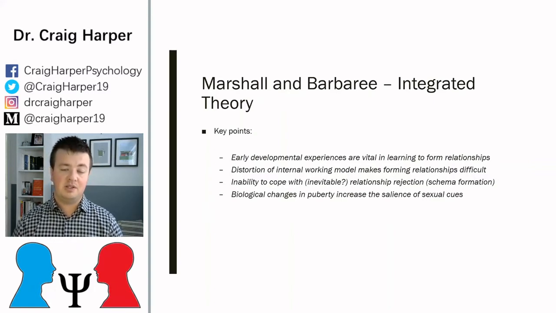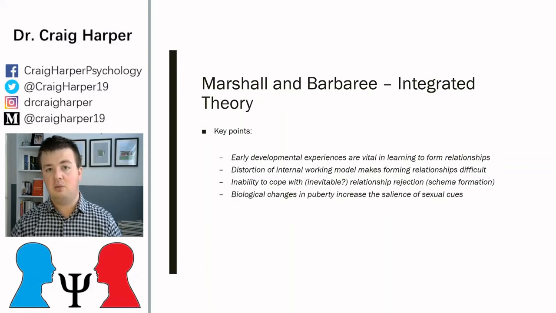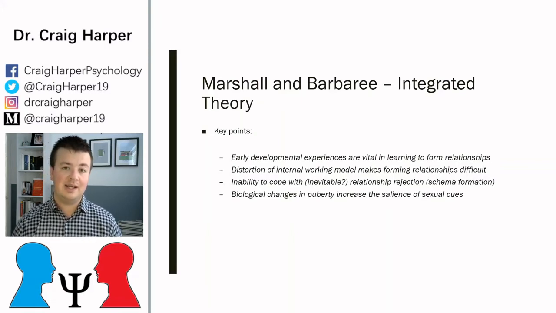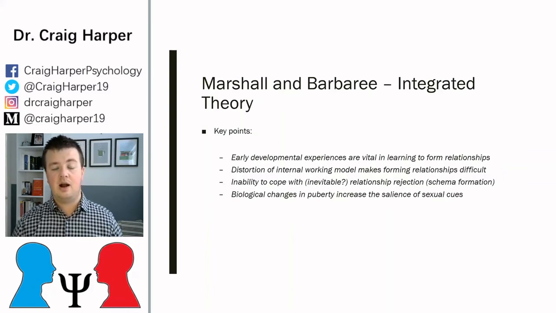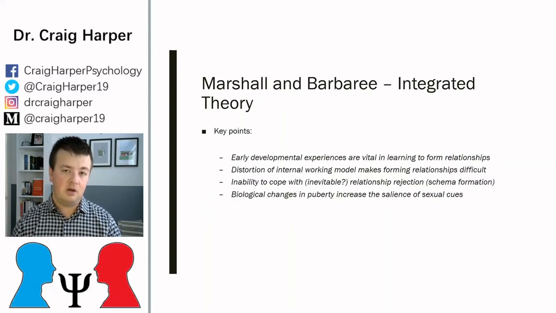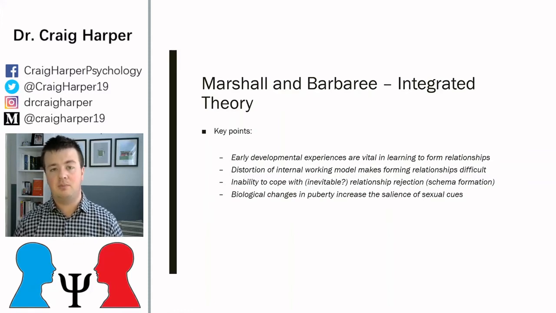That then potentially leads to an inability to cope when inevitable rejection occurs, particularly in early adolescence when that sexual awakening first happens. And then from there you start to maybe see the development of maladaptive sexual schemas, so forming schemas that are leading to a template for maybe sexual aggression.